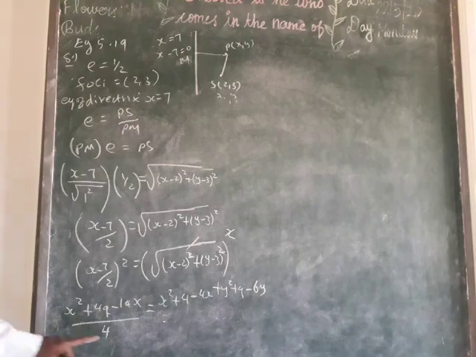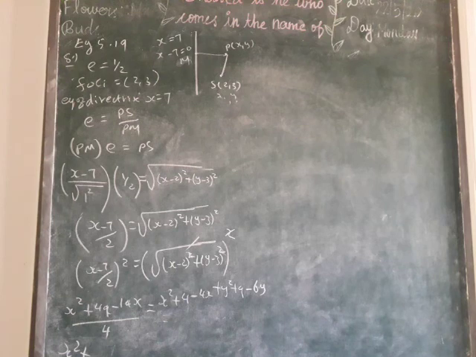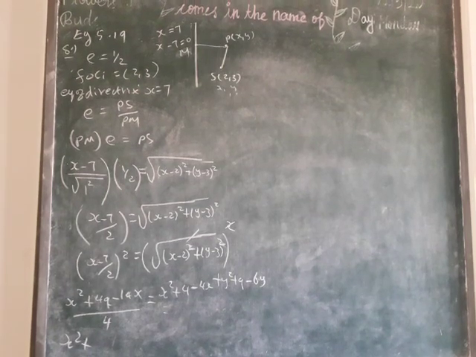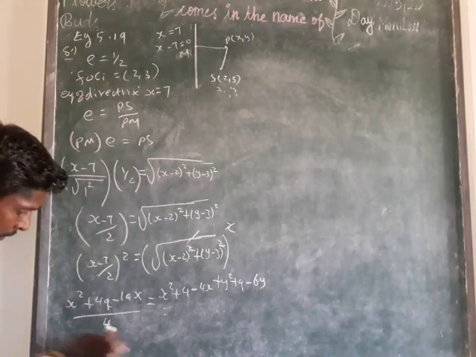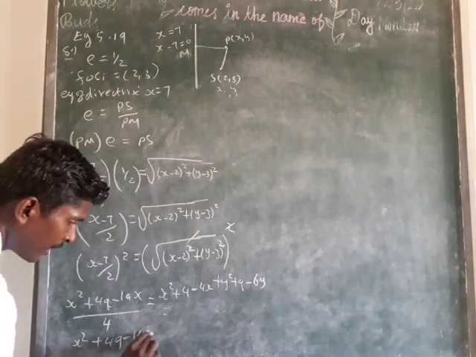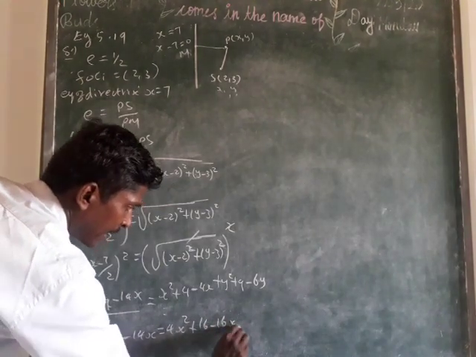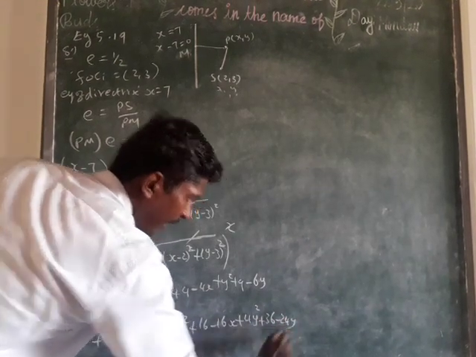Then cross multiply by 4: x squared plus 49 minus 14x equals 4x squared plus 16 minus 16x plus 4y squared plus 36 minus 24y.